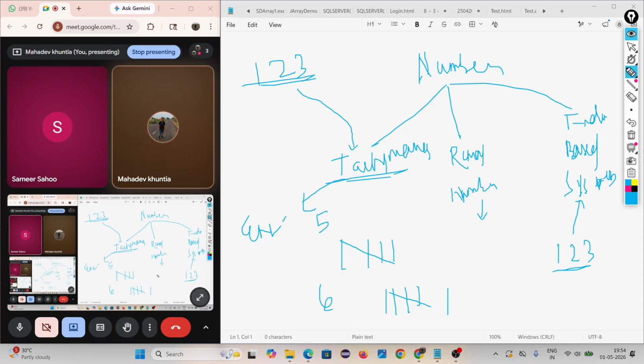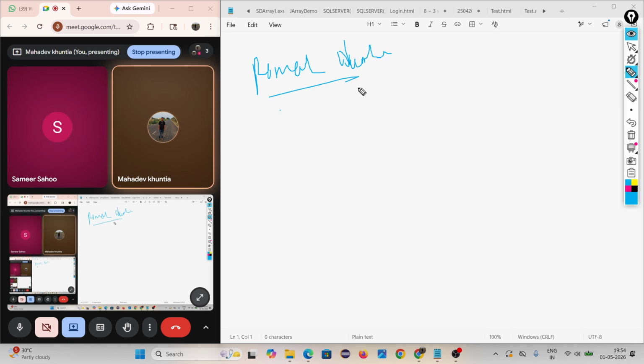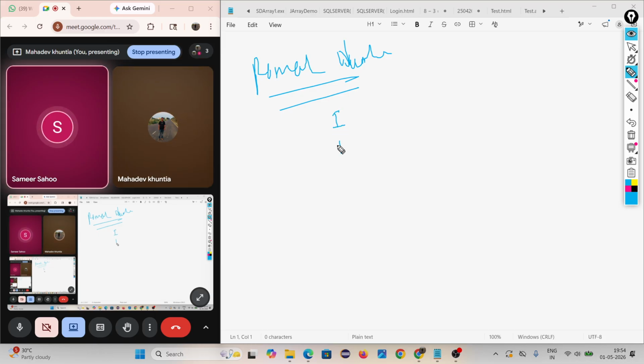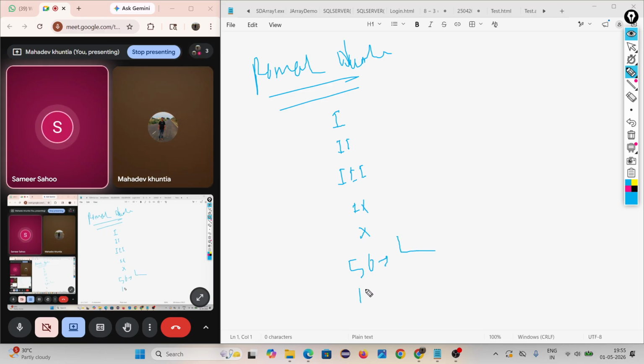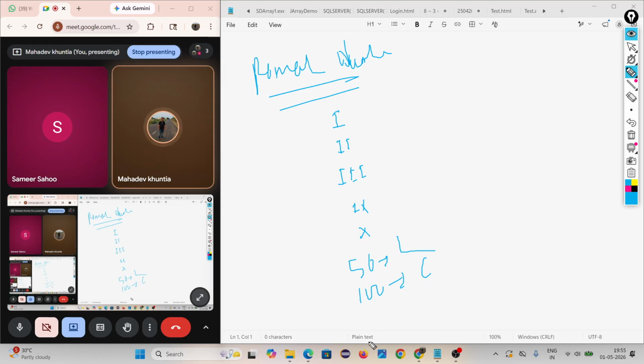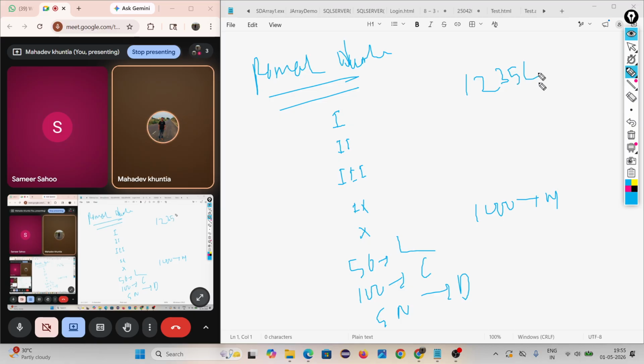Then Roman numbers. 1 is I, 2 is II, 3 is III, 9 is IX, 10 is X, then 50 is L, 100 is C, 500 is D, 1000 is M. But suppose I'm telling you to write down 1,23,562.